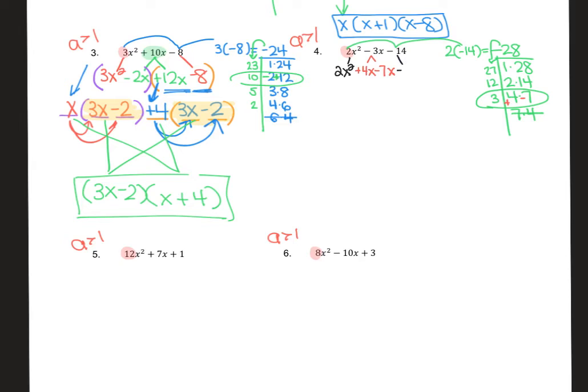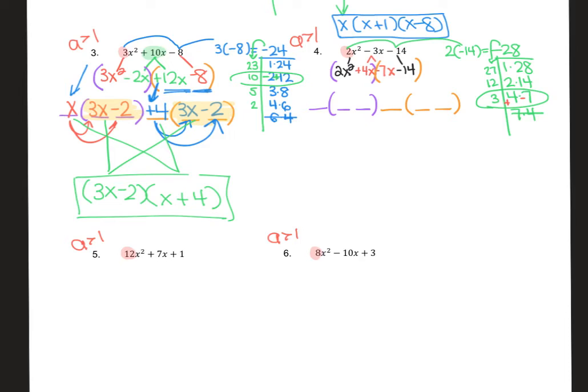I'm going to bring down the -14. I'm going to put parentheses around the first 2 and the last 2. I'm going to set up my template. So GCF, binomial, GCF, binomial.